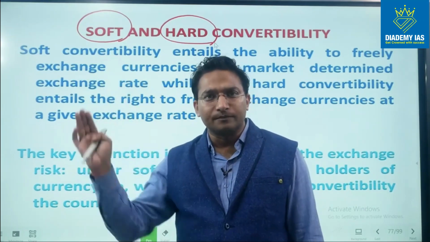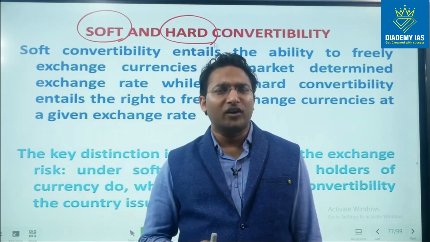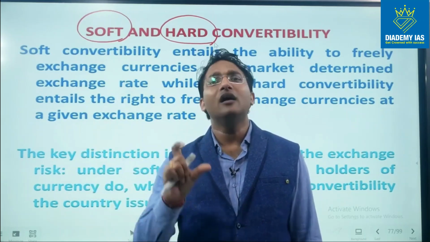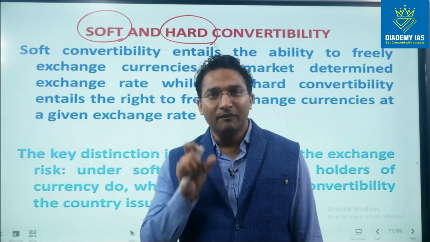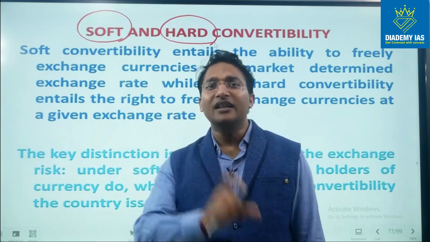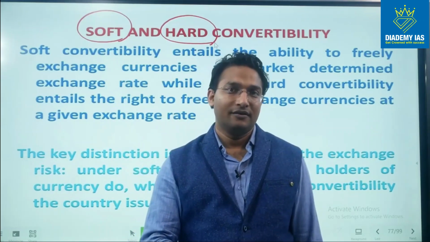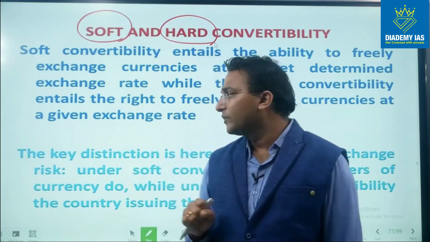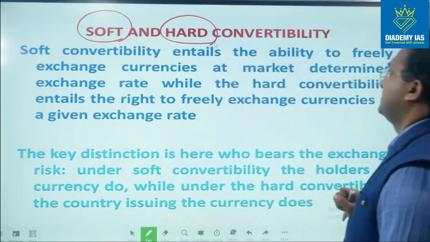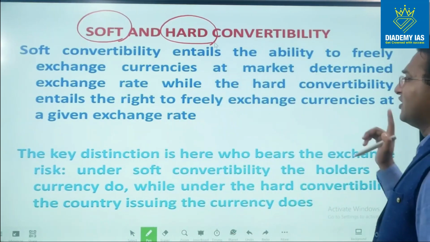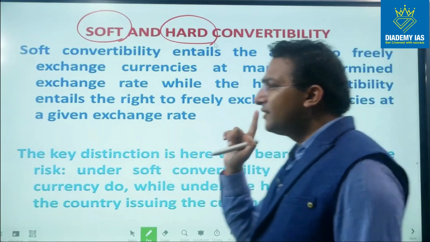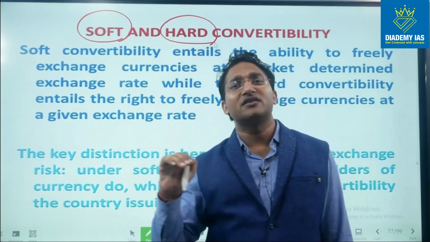The implication is that because the exchange rate is market determined, any fluctuation, the benefit of that fluctuation and the adverse impact of that fluctuation will be borne by the two parties, the seller and the buyer itself, right? Now in case of hard convertibility, this is applicable in case of fixed exchange rate regime.